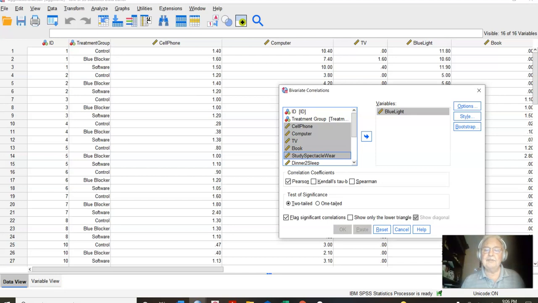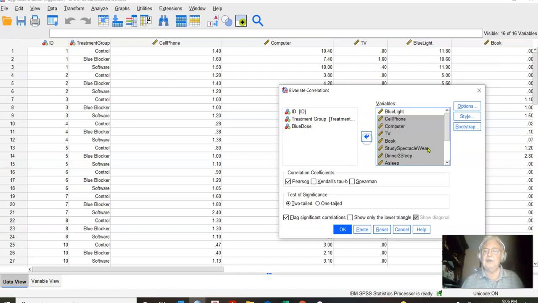Then there's the time the spectacles were worn, the amount of time between dinner and going to sleep, minutes asleep, minutes awake, number of times awake, rapid eye movement, light sleep, deep sleep. Those are all continuous variables, and we're going to correlate them with each other. We're just going to do a giant correlation matrix.